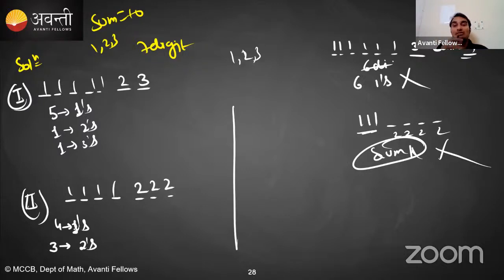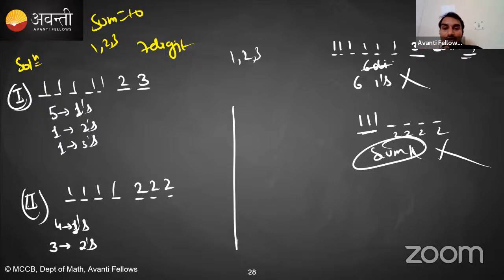So what did I do, I saw if all the numbers become the same, if I use 1 seven times, the sum will be 7, which is not required. If I use all 2s, 7 twos, the sum will become 14, which is also not required. Again, if all 3s are used, the sum becomes 21, which is also not required. So these 3 are discarded straight away. Now I saw that I cannot use 1 seven times.